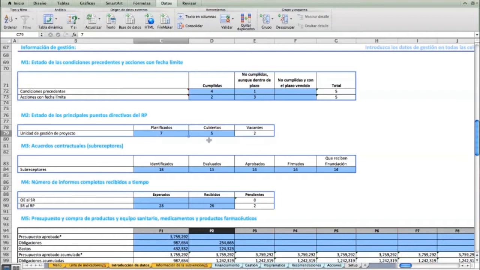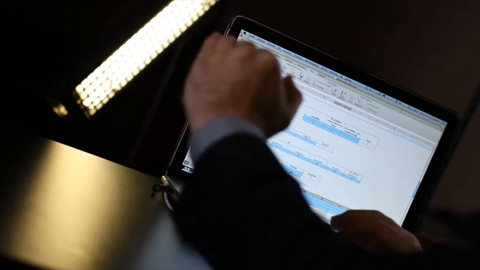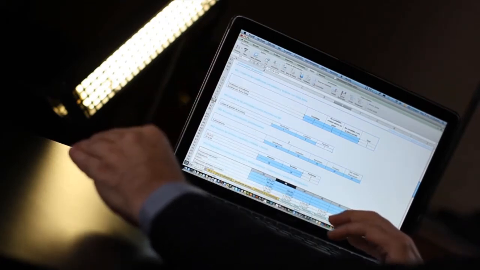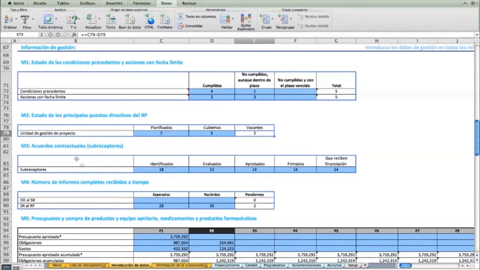The system automatically tells us how many vacant positions there are. This is important to know because many of the projects of the Global Fund are not executed correctly due to lack of human resources, due to lack of contracting on the management level or coordinating level.